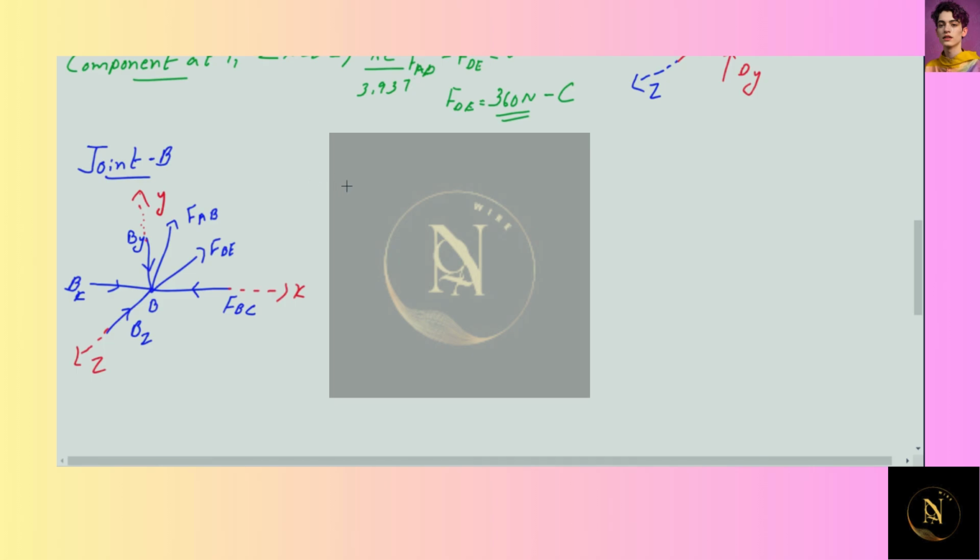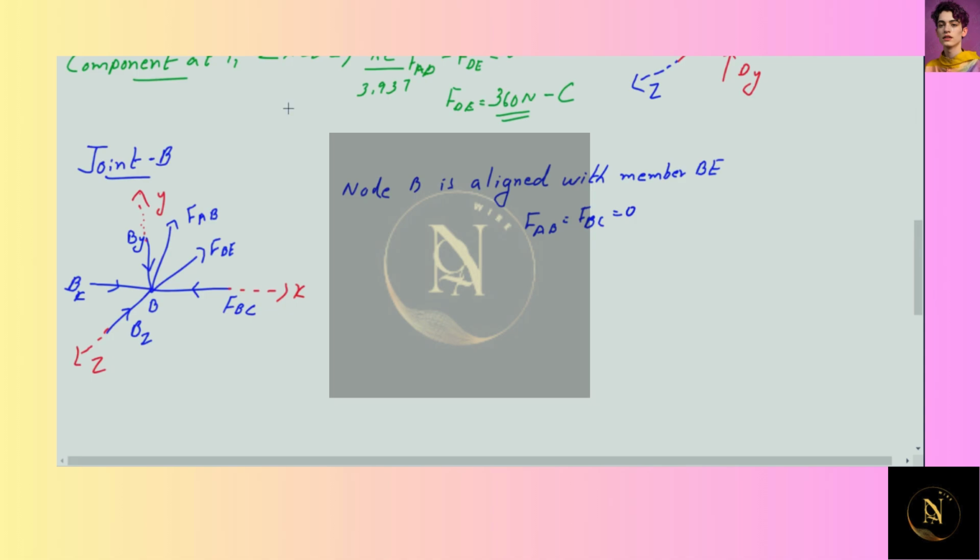Actually here the node B is aligned with member BE. As the node B is aligned with the member BE, the forces FAB and FBC will be 0.